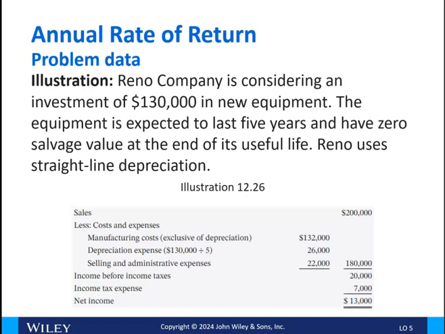The equipment is expected to last 5 years and have 0 salvage value at the end of its useful life. Reno uses straight line depreciation. So we'll have our sales of 200,000, manufacturing cost without depreciation, our depreciation expense for this equipment, selling and administrative expenses, which gives our income before taxes. Then we subtract our income tax expense and we get net income.